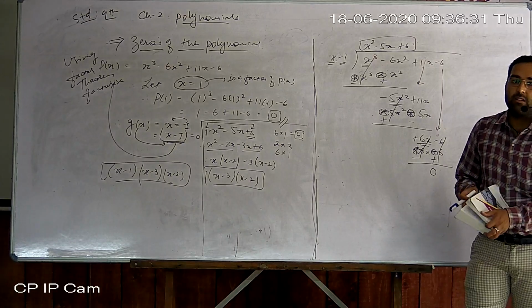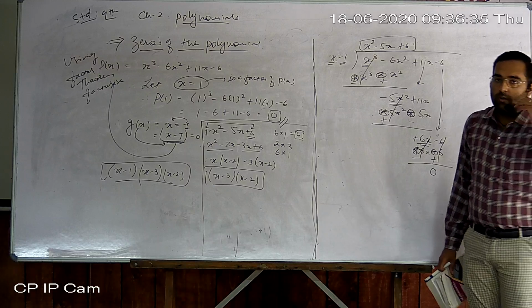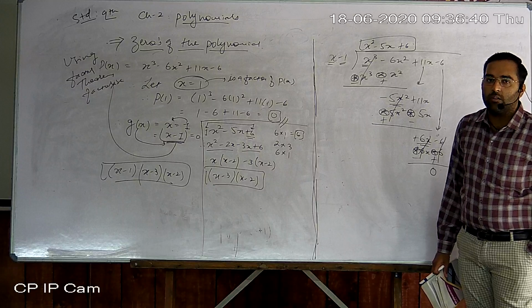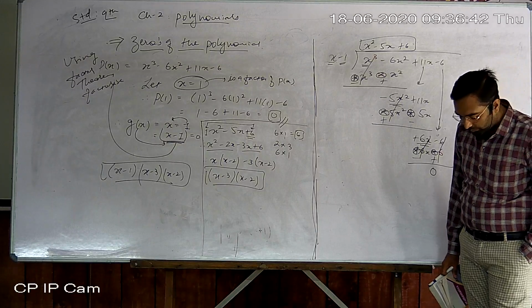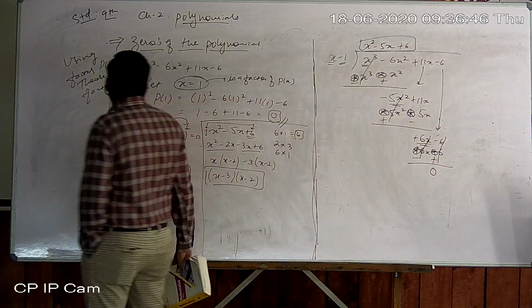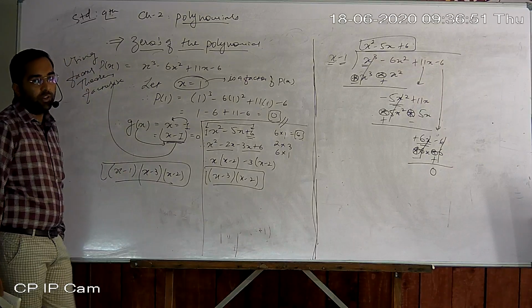This is the last topic that I will teach you for this polynomial. From the next lecture we will learn a new chapter. So this is the last topic of zeros of the polynomial and also the last topic of this chapter 2, polynomials.